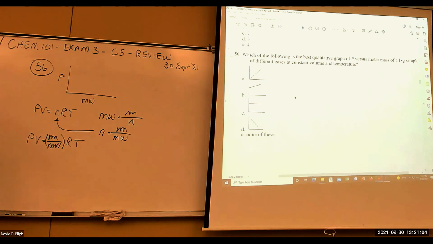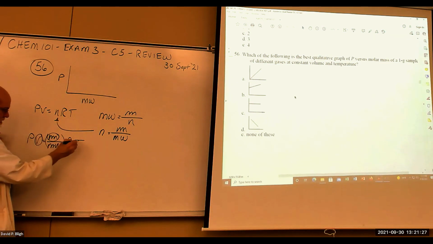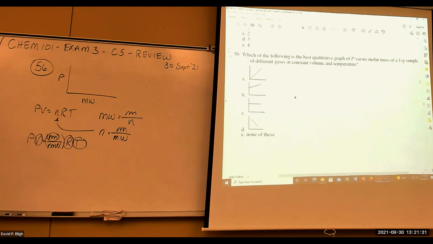So what is not changing in this equation? What is it? Mass is not, right. Mass is not changing. Volume and temperature, none of those are changing. So this one's constant, this one's constant, that one's constant, and this one, by definition, is a constant, right?